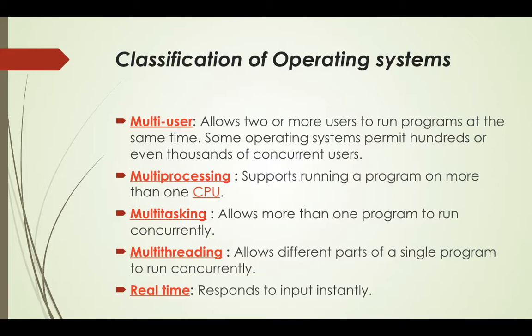Multiprocessing supports running a program on more than one CPU, that is central processing unit. Multitasking, task meaning execution, allows more than one program to run concurrently, in parallel. Multi-threading allows different parts of a single program to run concurrently. Real-time responds to input instantly.